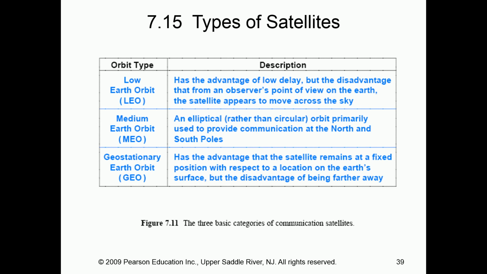Low Earth orbit means it can traverse the planet quicker. A medium orbit means it will traverse the planet a little bit slower. A geostationary orbit means it will stay right above a specific point, period. Our most common one is going to be geostationary.